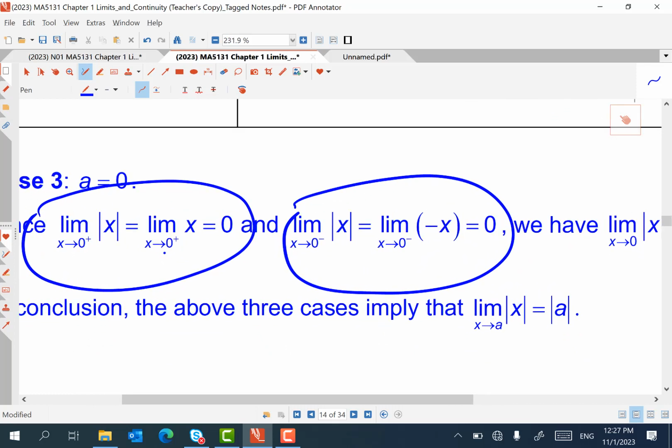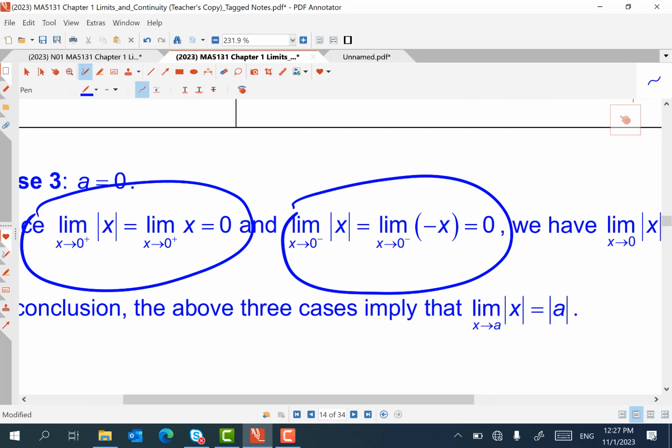Then only can you make that conclusion. So be very careful about this. The point I'm going to draw across to you is whenever a function is defined differently at a point, to find the limit at the point, you must always find the left and the right separately.